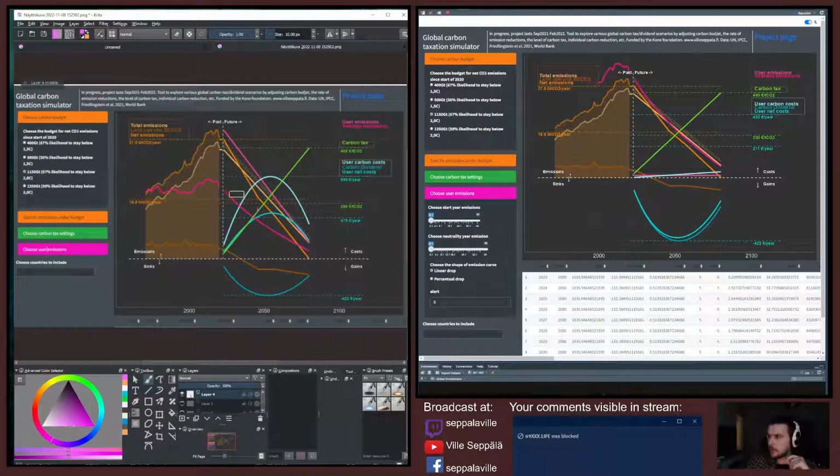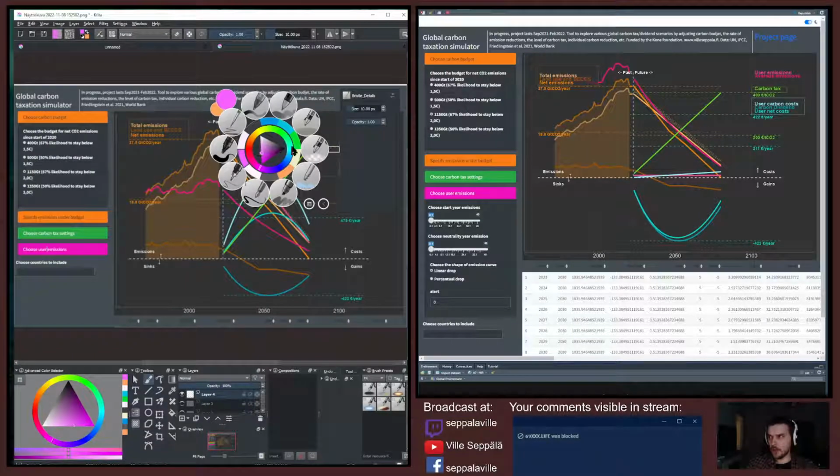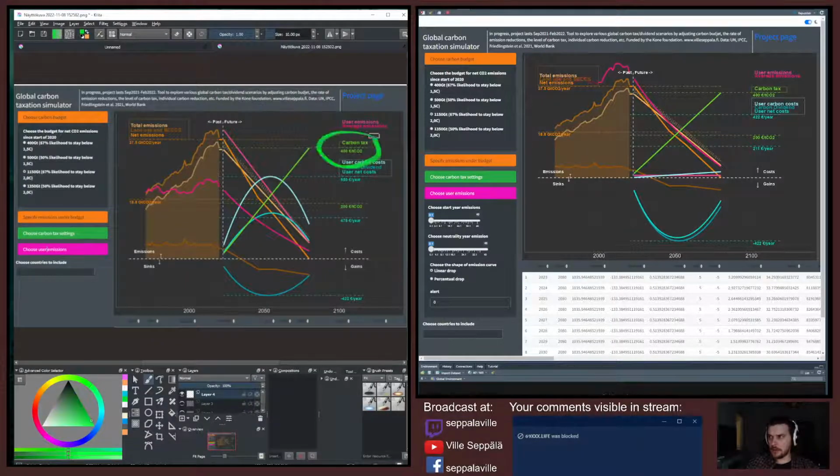Okay. So, for example, what's been a little bit annoying maybe is that if you change the maximum number of carbon tax, then it's difficult to notice that there's a change happening, because it just changes this scale here.